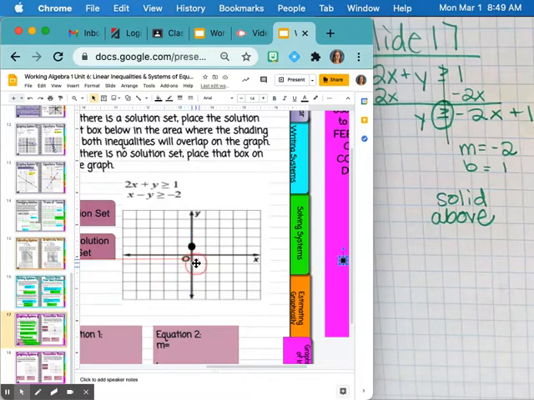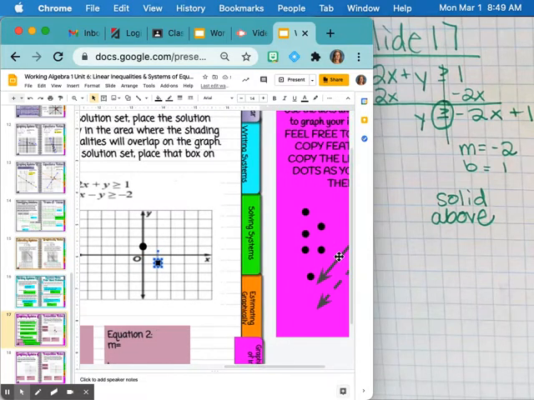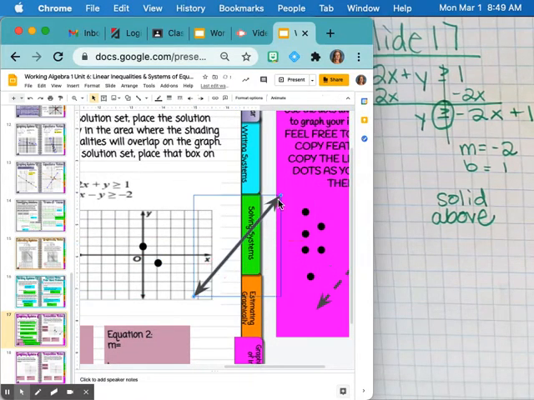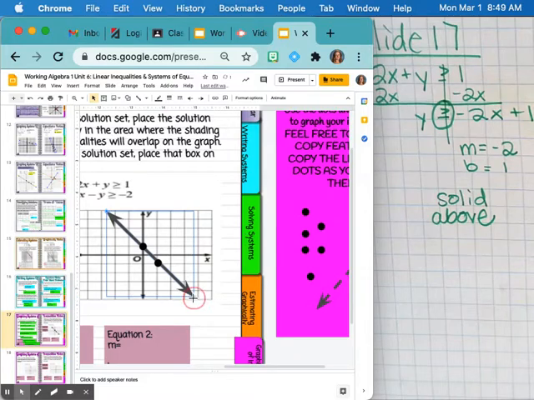So down 2 over 1. And then grab this solid line and put it over the 2 points.